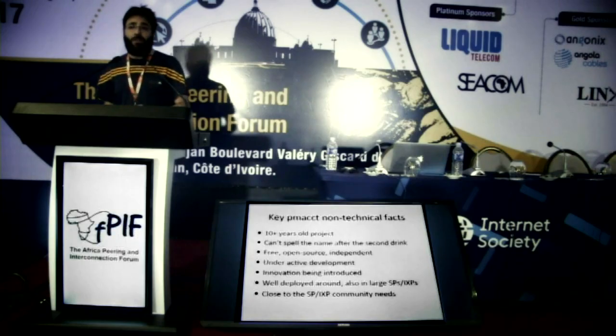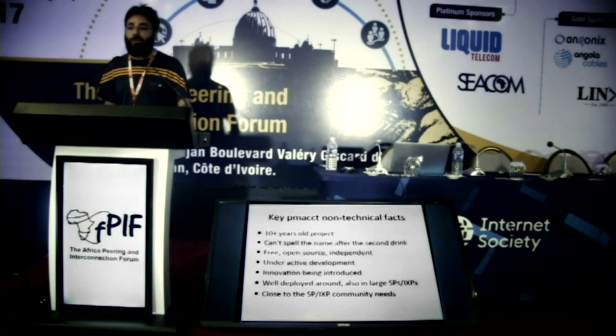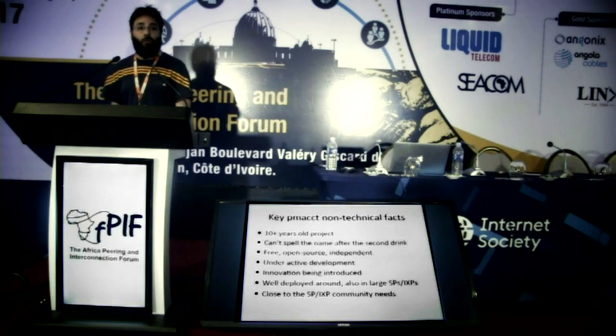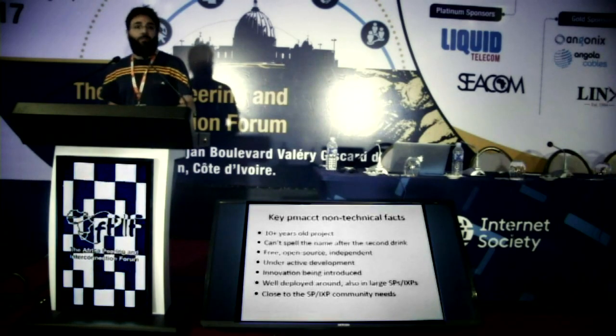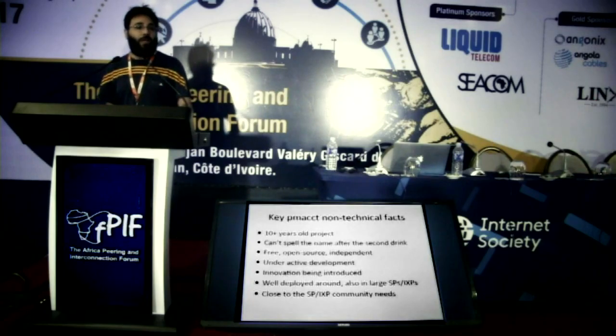Innovation is being introduced, and there will be some examples later about what kind of innovation is currently being introduced, and it's very well deployed around the service provider and IXP community. There are also very large players that are using the software for their flow collection or BGP collection and things like that.